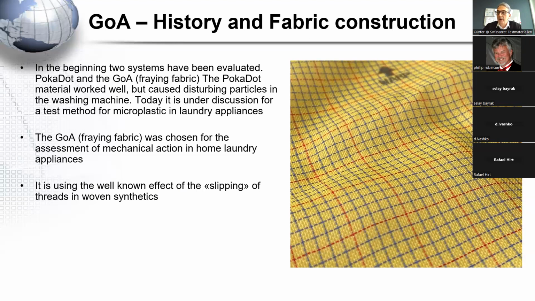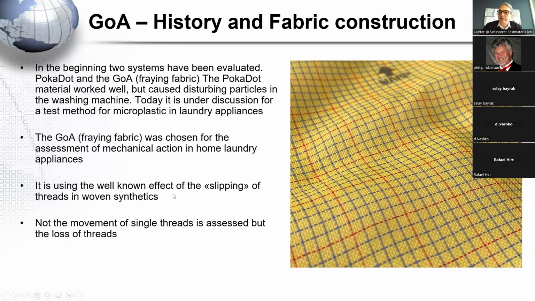Synthetic fabrics are very often very smooth, so the fibers start to slip, and this gives an effect of displaced threads. It looks like a defect, but not the movement of a single thread is assessed, so not the defect of the slipping itself, but the loss of the threads of the specimen.